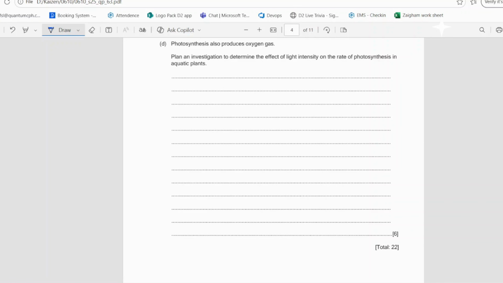The gas syringe would be attached at the mouth of the test tube to collect oxygen gas, right? Okay. And what was the third thing that you mentioned?